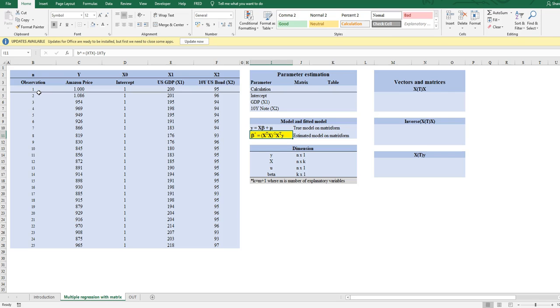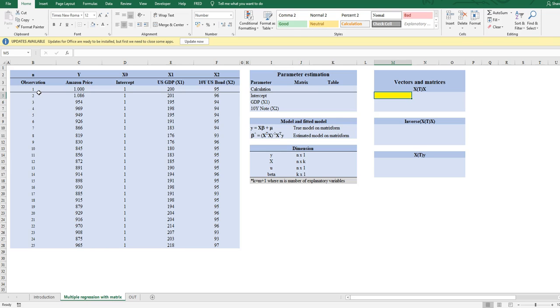So the parameter estimates can be explained by the X matrix and the Y vector. We just have to do a little bit of transposing and inversing. Let's see what we will end up with.